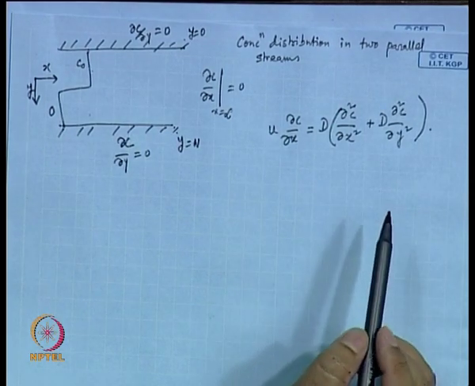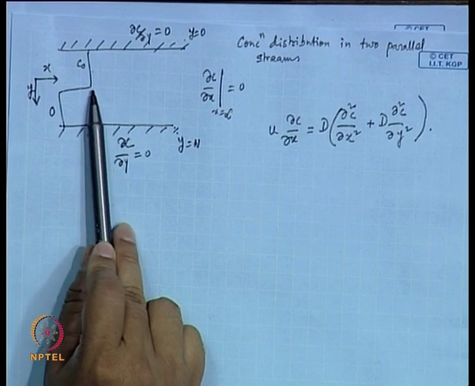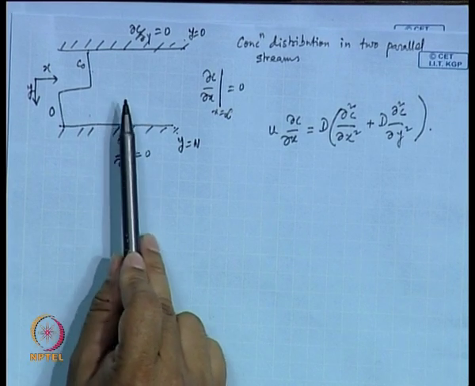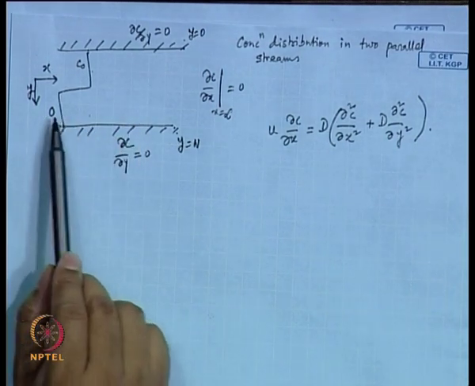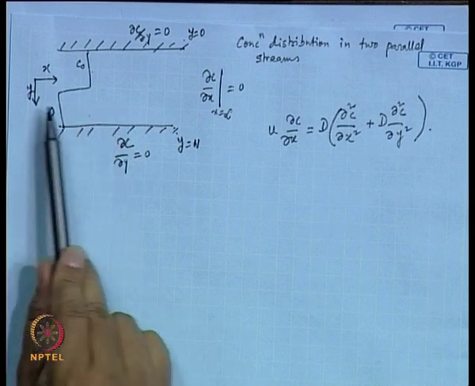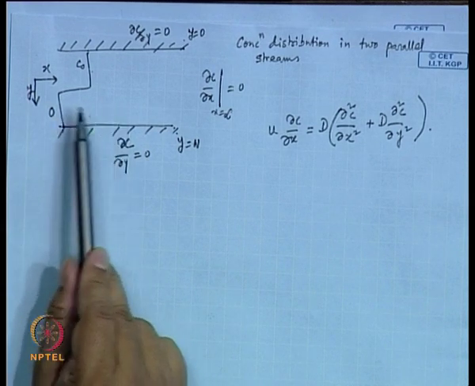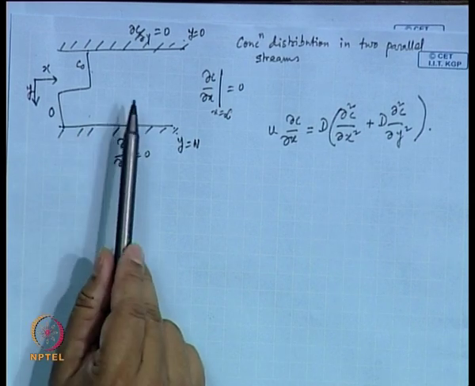What all are you taking care of here? You are taking care of diffusion going on in x direction. Diffusion in x direction means whatever is coming downstream is interacting by diffusion mode with the upstream.